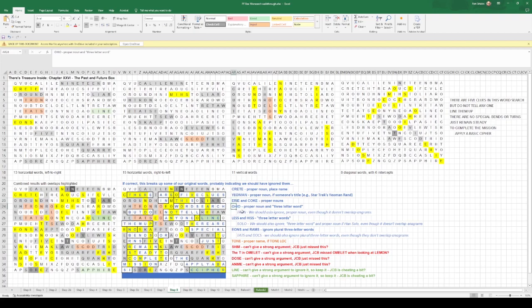Ohio is a 3-letter word, O, H, and I. There's 2 O's, so it's really only a 3-letter word, but it's also obviously a proper noun. And if we're ignoring proper nouns at this point, you might as well throw out Tron.